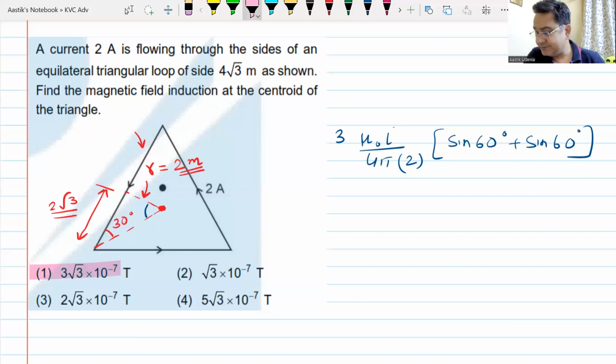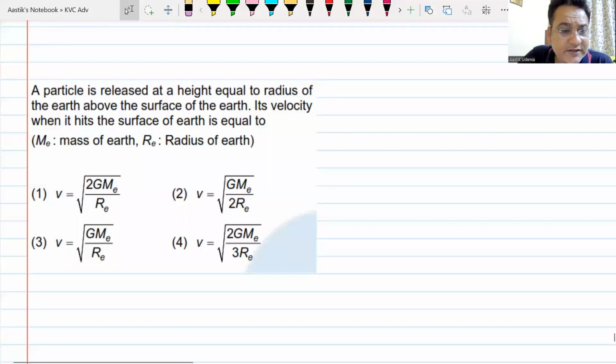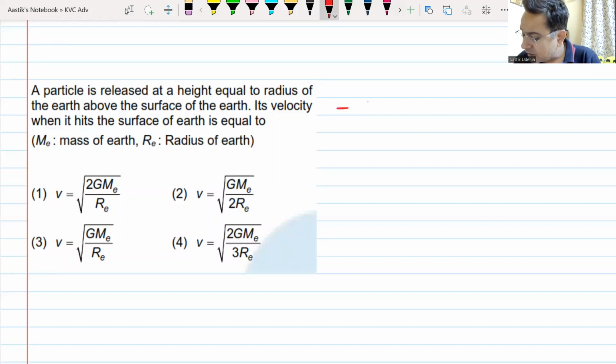This is the next one then. A particle is released at a height equal to the radius of Earth above the surface of Earth. Find its velocity when it hits the surface of Earth. You just have to apply law of conservation of mechanical energy, yes or no? At the point where the particle is placed, there is no kinetic energy, there is only potential energy: minus G M into small m divided by 2 r naught, where r naught is the radius of Earth, yes or no?